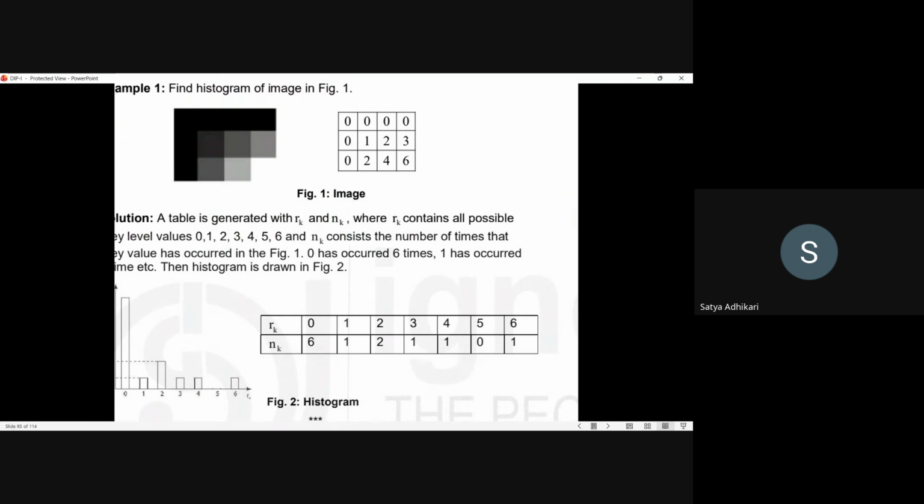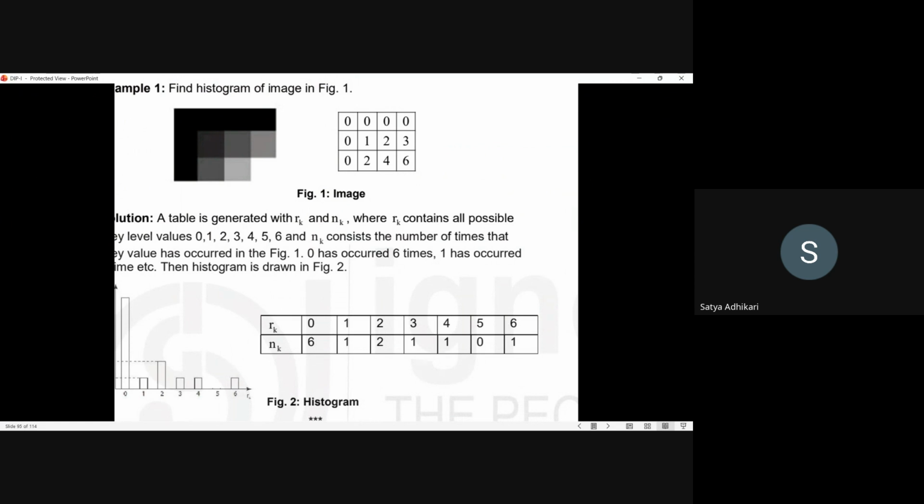And 6 is the maximum. Here 6 represents the white color. You can tell 255 represents the maximum or white color, but as 6 is the maximum here, it represents white color. And 0 represents completely black color.